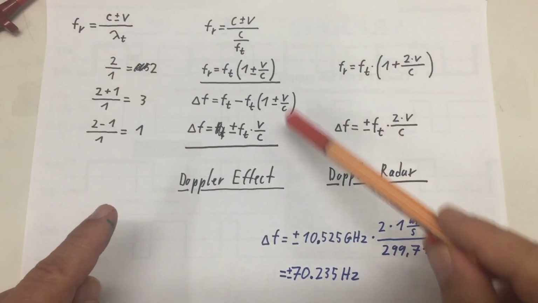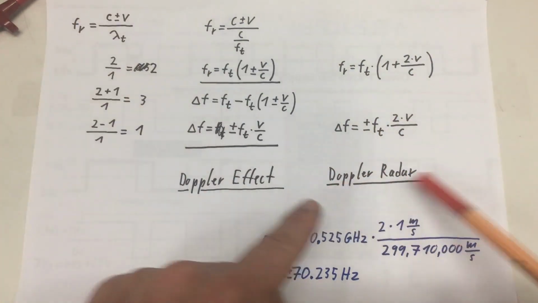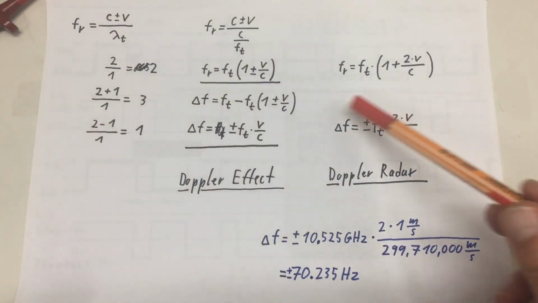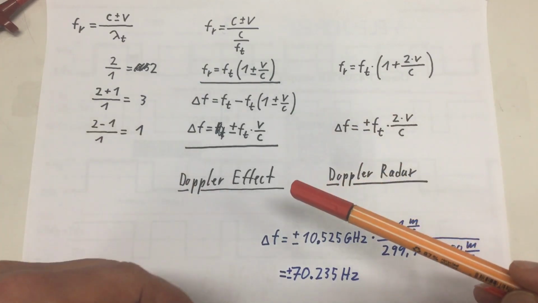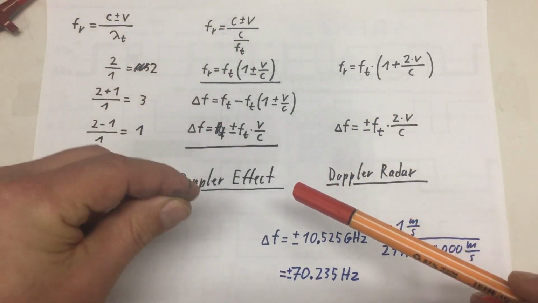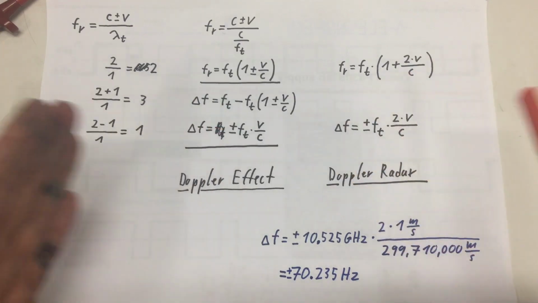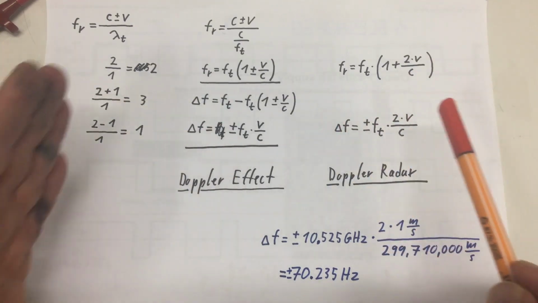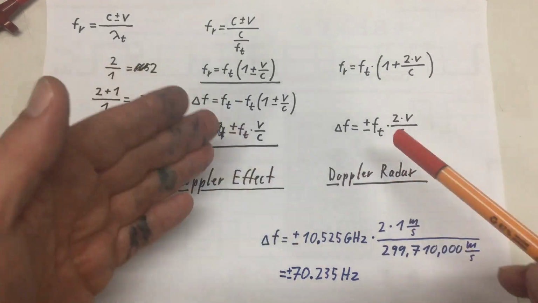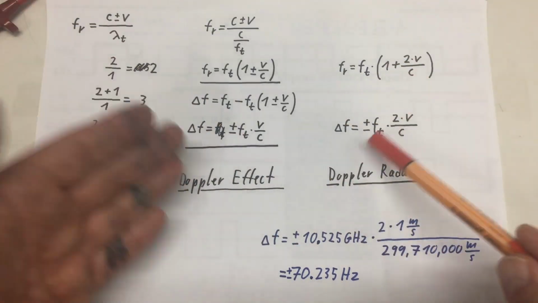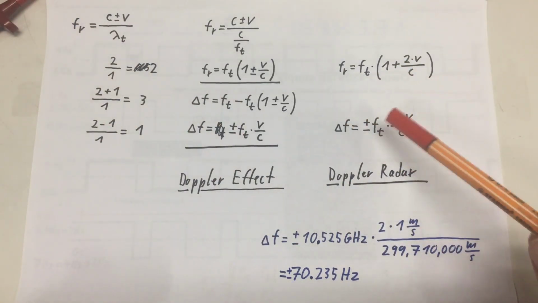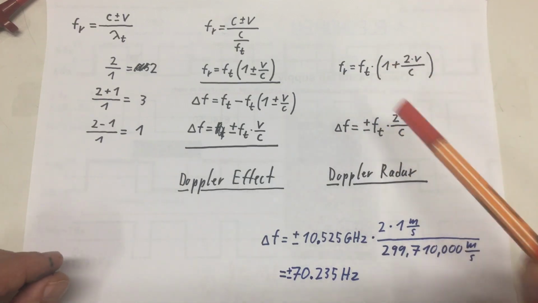Anyway, the formula we have already developed for Doppler radar gives us the delta of the frequency between the transmitted and received frequency depending on the velocity between our radar and our object. So exactly the output of our mixer, minus the plus minus, of course.